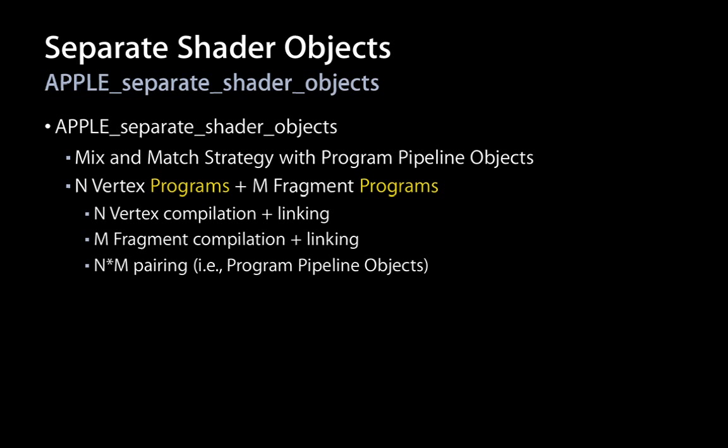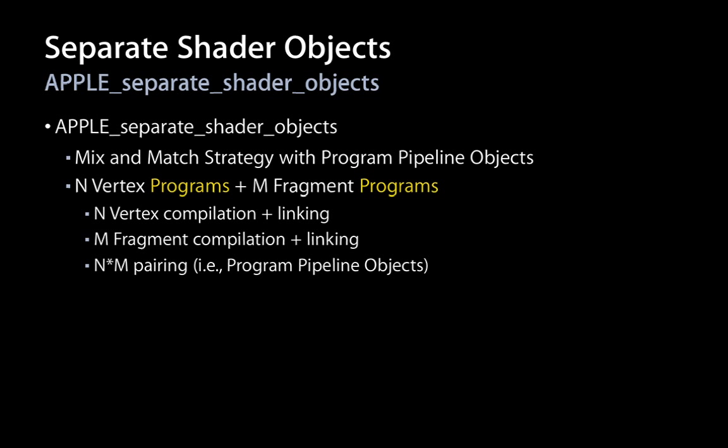So Apple Separate Shader Objects tries to fix this problem. It creates a new object type called Program Pipeline Object, and it gives you the possibility of a mix and match strategy. What it does is, instead of having a vertex shader, you basically have a vertex program. So for every stage of the pipeline, and we have 2 stages, the vertex stage and the fragment stage, you create a program for that stage, and then you pair them later.